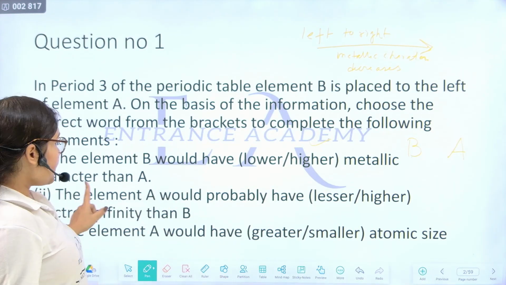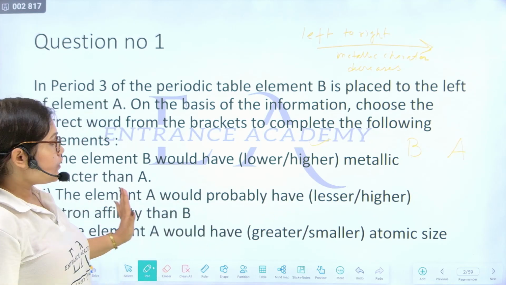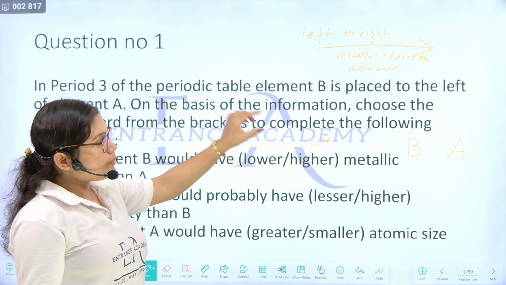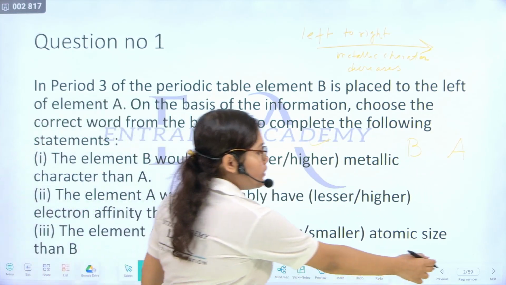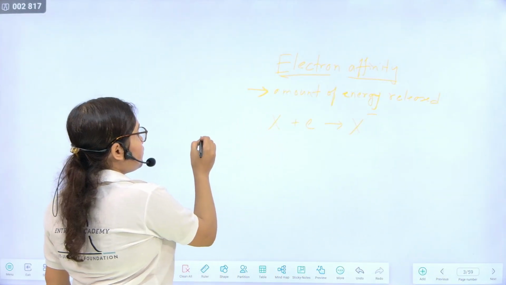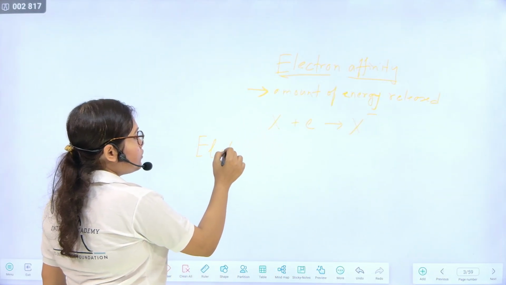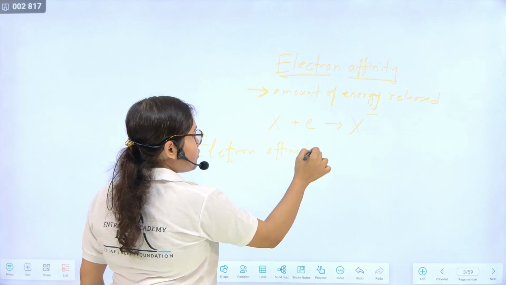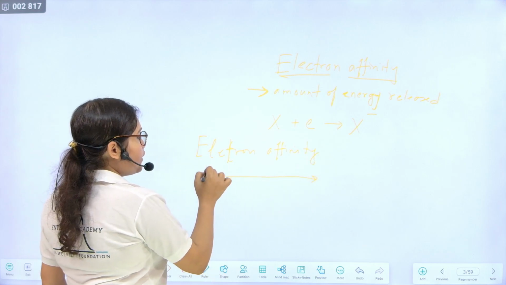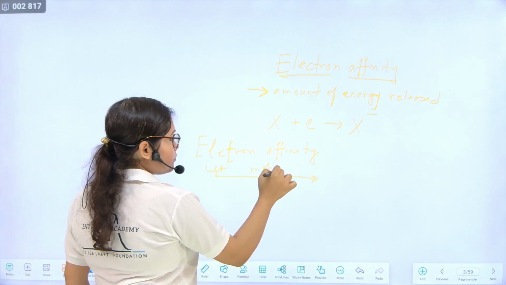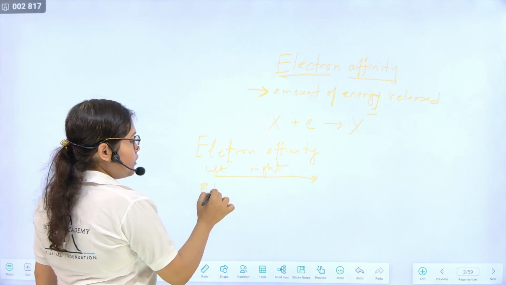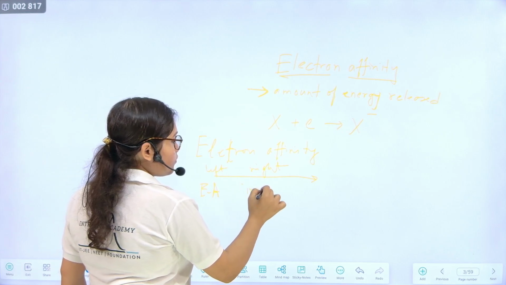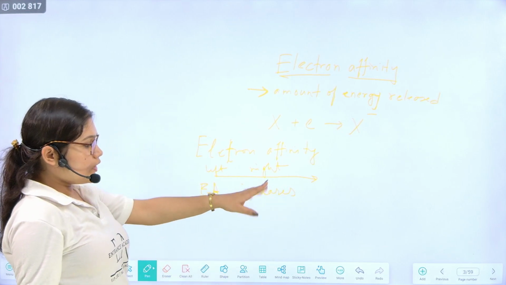So in this question, the element A would probably have lesser or higher electron affinity than B. According to the periodic table, B is placed left to A. So B is more metallic than A, and the trend of electron affinity across a period from left to right is that electron affinity increases.